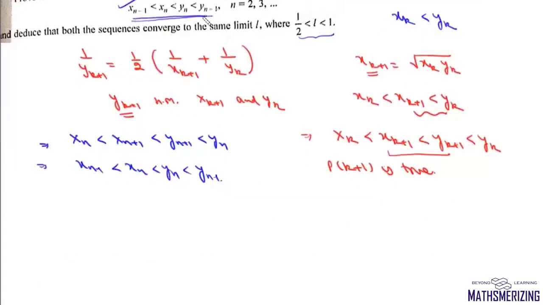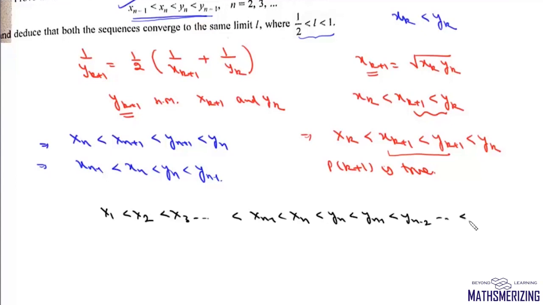Now from this result we can write x1 is less than x2 is less than x3 and it is less than xn minus 1 and it will be less than xn, which is less than yn minus 1, less than yn minus 2 and less than y1.